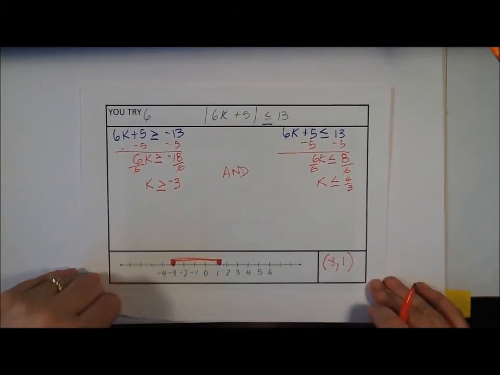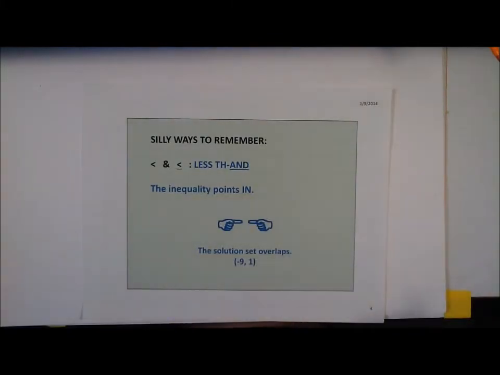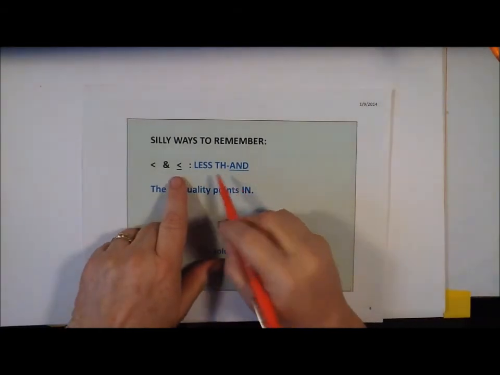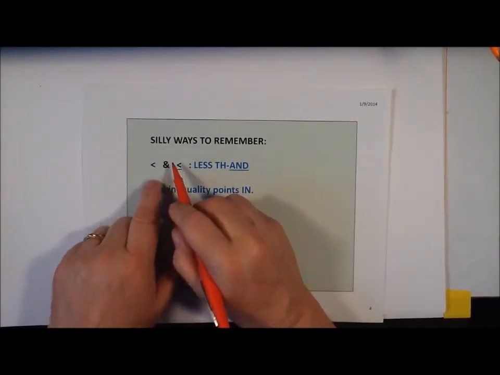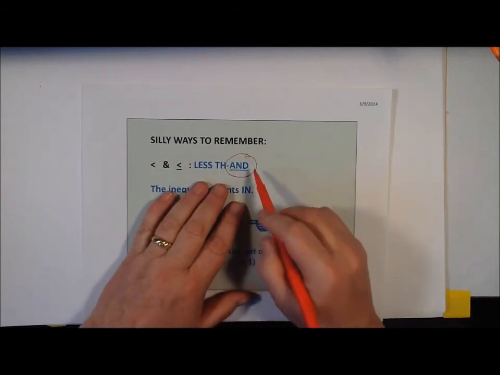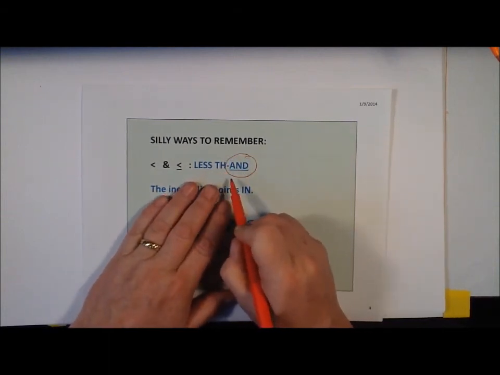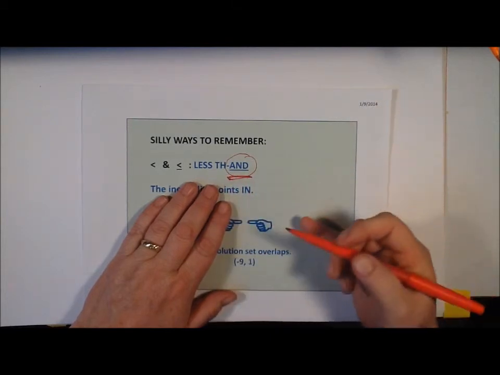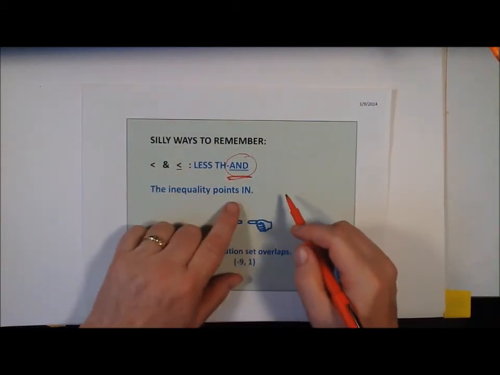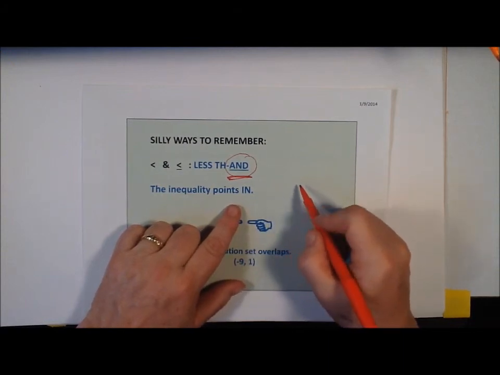Again, pause to copy. Now, I have some silly ways that I remember this. If it's a less than sign, less than or equal to, it's an and equation, and I remember it as less than and the and. I know it's pretty hokey, but think about it this way too, that the inequality points inward.